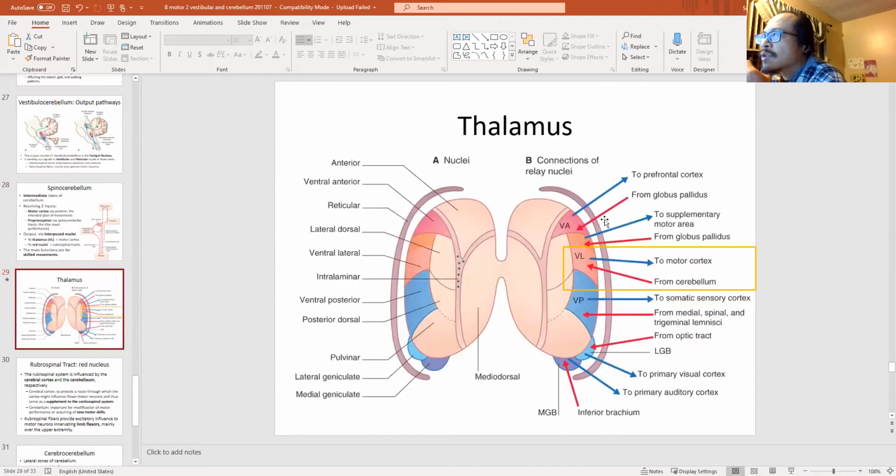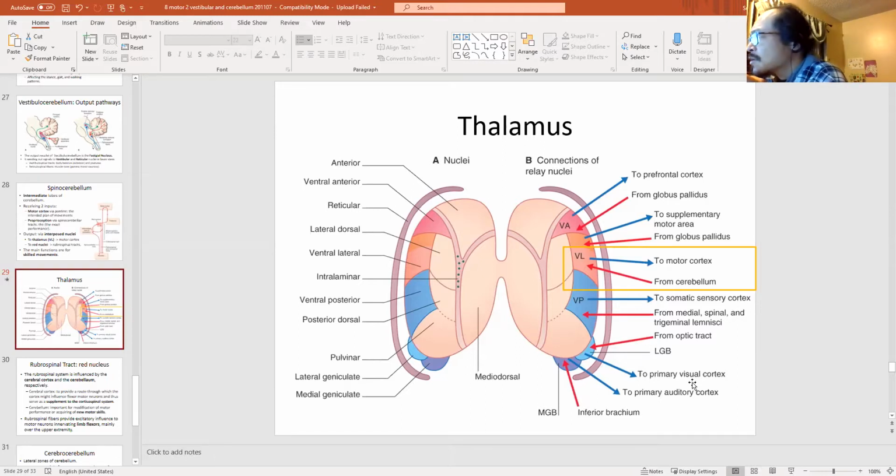Now let's very quickly look at the thalamus, because we mentioned several times that the thalamus is a hub in the brain. Everything going to the cortex has to go through the thalamus. VP is the one we mentioned before: the somatic sensory signals from our skin go through the ventral posterior nucleus of the thalamus, then into the somatic sensory cortex.